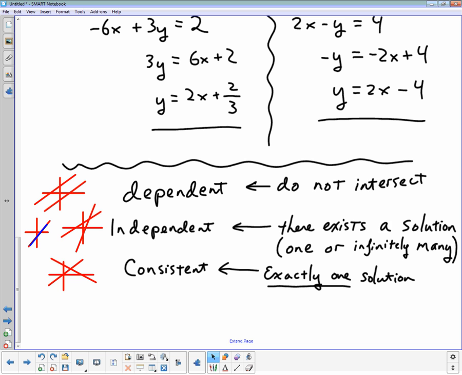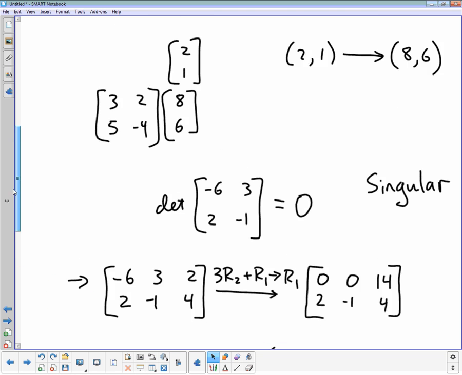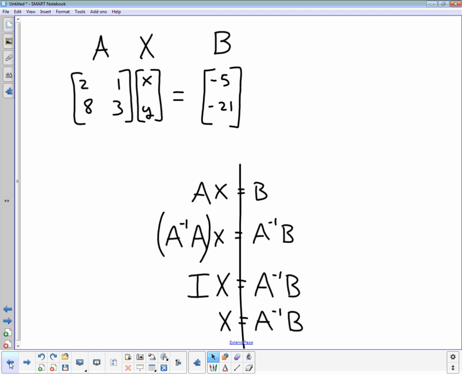Now, why did all of this matter? The whole job was to find out what A inverse is. So here's how we get it.